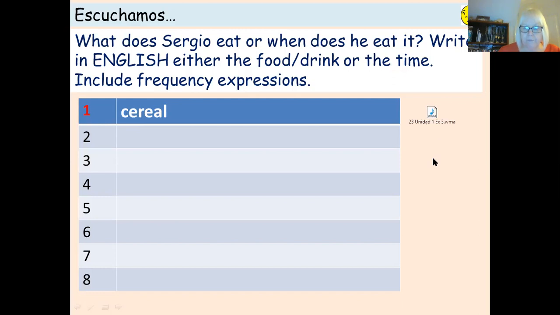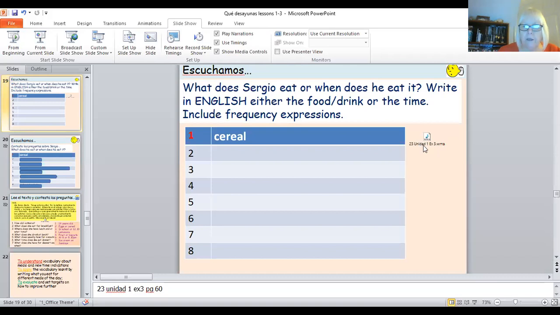I'm going to have to minimize this so that I can play the sound file. I've had to minimize it so I can play the sound file.